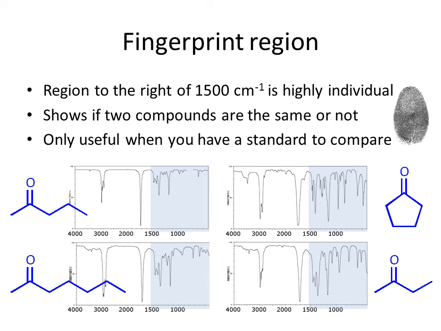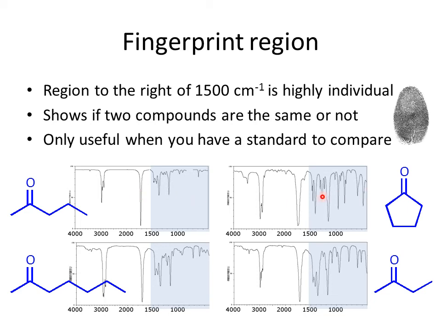But what I can do is if I come up with a suspect through another means, I could compare my suspect to my fingerprint and decide if they're the same or if they're different. The same is true about this region of the infrared. It shows if two compounds are the same or different.